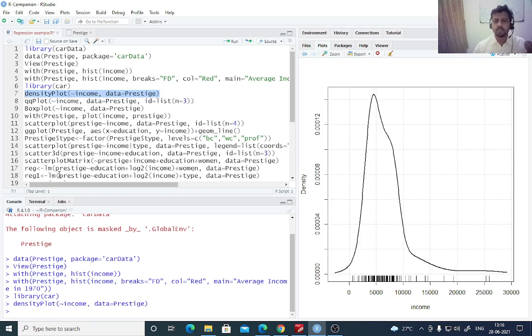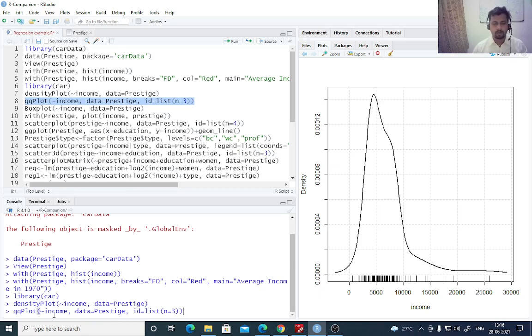So the logic is that if the data follows a normal distribution, all the vertical data points must align with the quantiles of the reference distribution. In this case it's a normal distribution. You can easily get this by the function qqPlot, which gives you a quantile comparison plot of the variable.